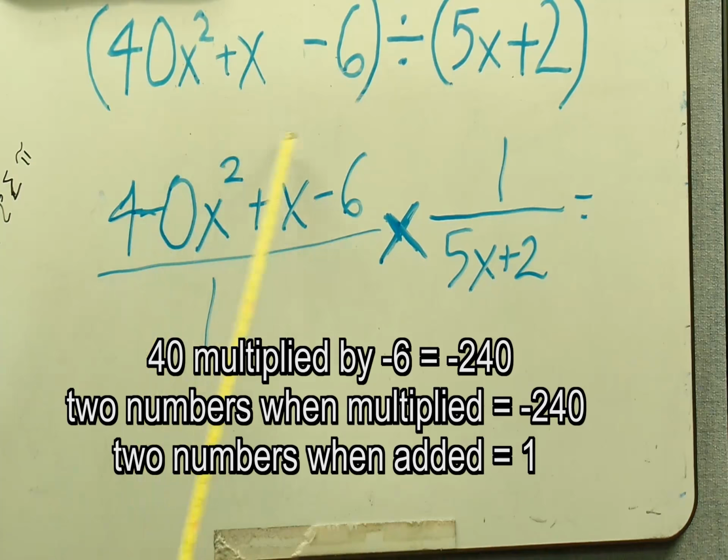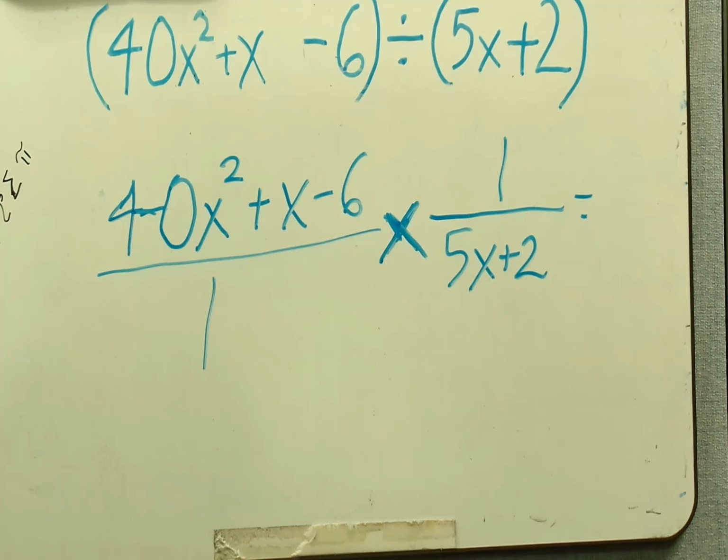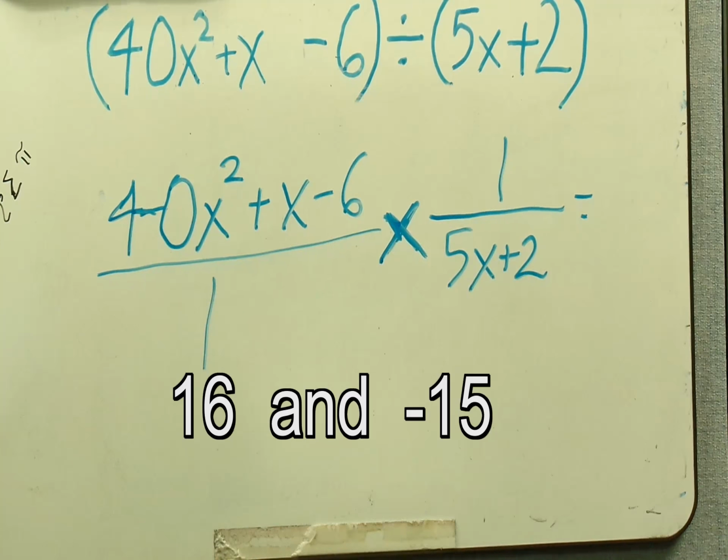40 times negative 6 equals negative 240. Now what two numbers when multiplied equal negative 240 but add up to 1? So we go through a few numbers and we come up with 16 and negative 15.